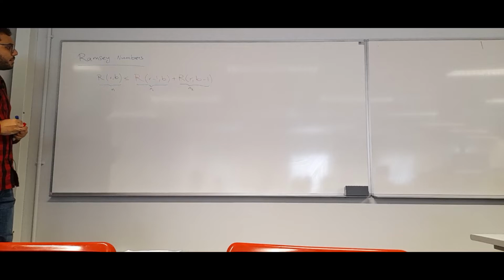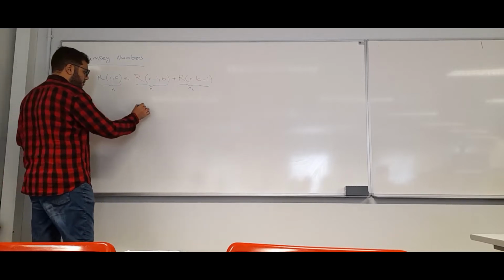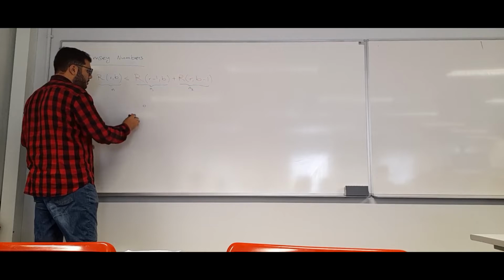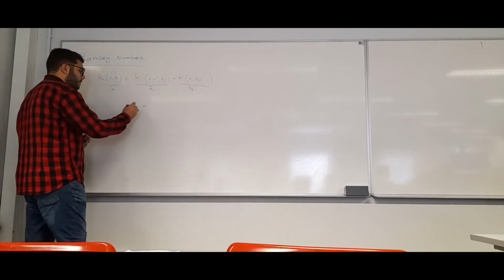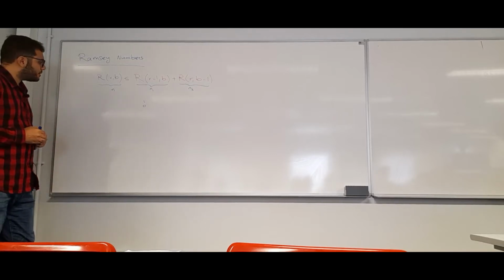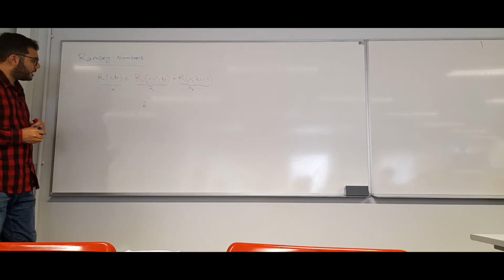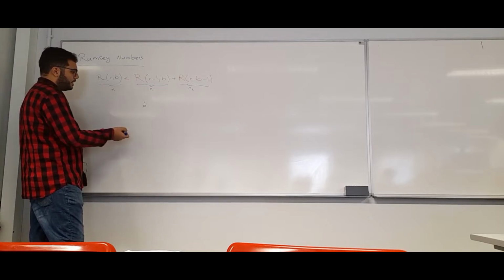So I consider a complete graph on N vertices. Okay? So I'm not going to draw the whole graph, but let's say I have a complete graph on N vertices. And let's say that I take vertex number 1. Now, some of the vertices are connected to this vertex by a blue edge, and some of them are connected by a red edge.